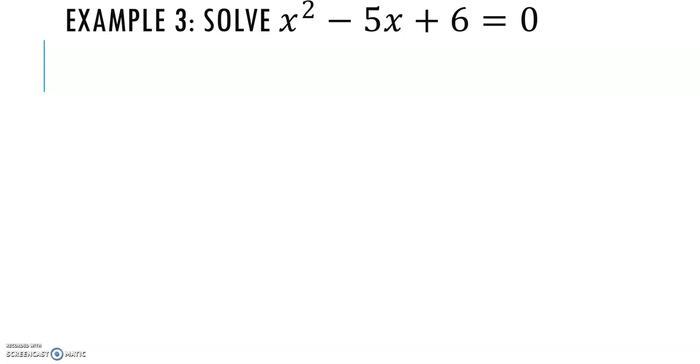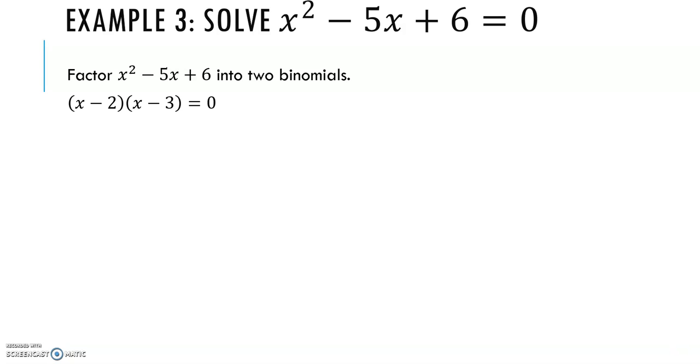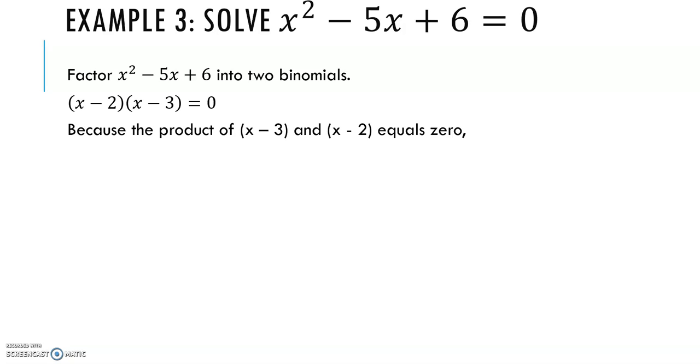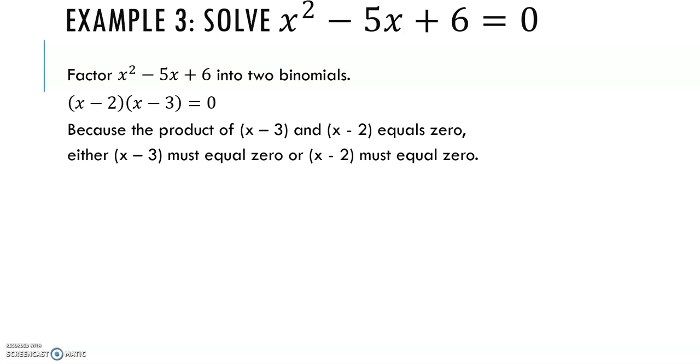Example 3. Solve x squared minus 5x plus 6 equals 0. Factor x squared minus 5x plus 6 into two binomials. X minus 2 times x minus 3 equals 0. Because the product of x minus 3 and x minus 2 equals 0, either x minus 3 must equal 0 or x minus 2 must equal 0.